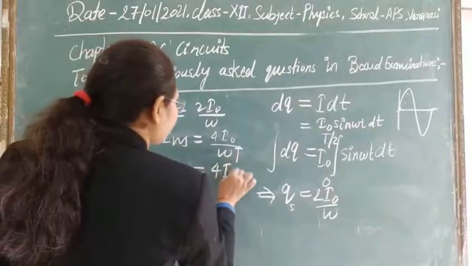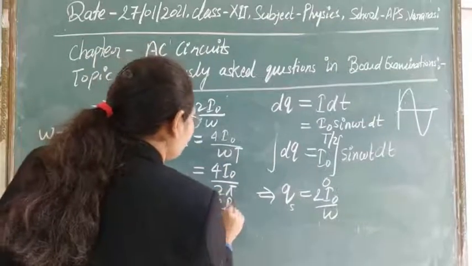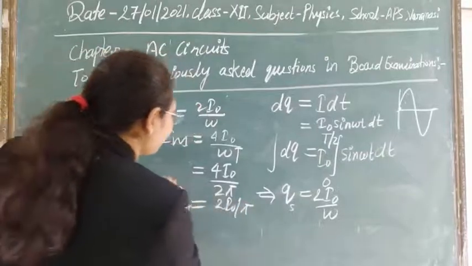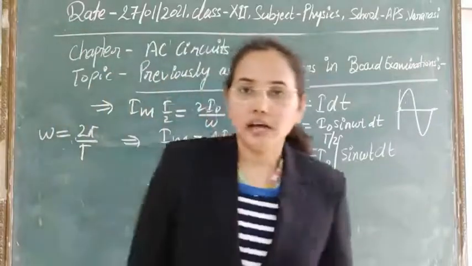Let's put in its value, 2 pi. So we get 2I0 divided by pi. This is the mean value of the current over the half cycle.